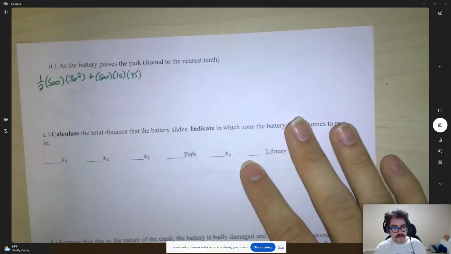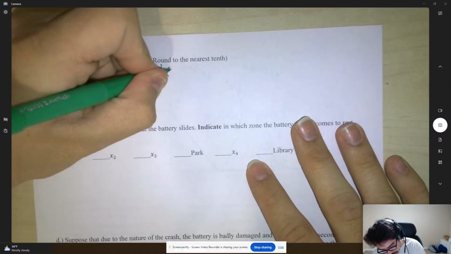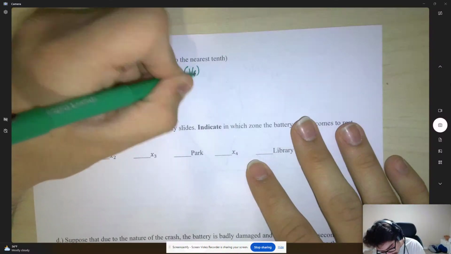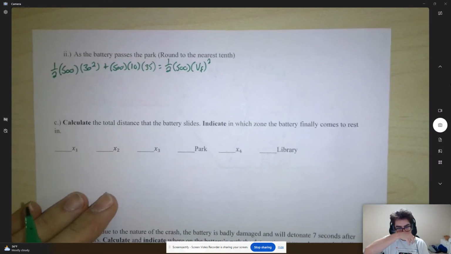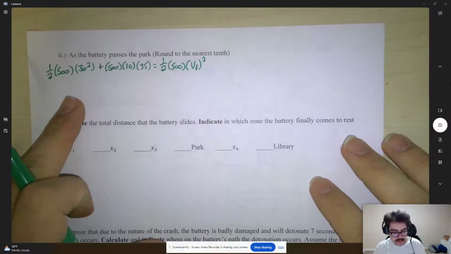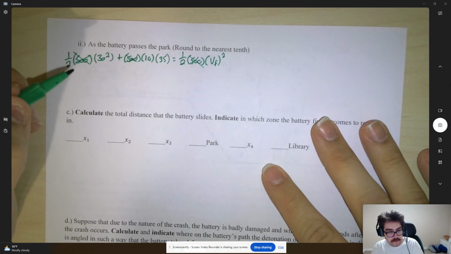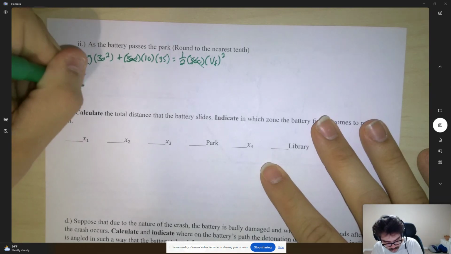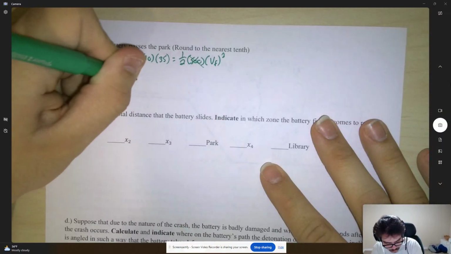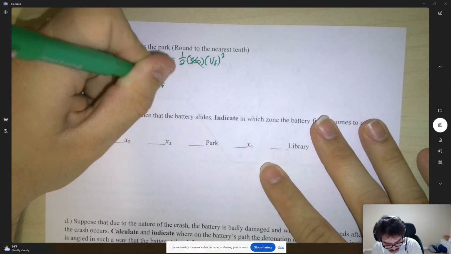And then I should set this equal to 1/2 times the mass, which is 500, times v final squared. I know I'm going to use a lot of v final here. I can actually cancel out my 500s in every term because there's no friction at this point. So I should get 1/2 times 900 plus 350 equals half of v final squared.